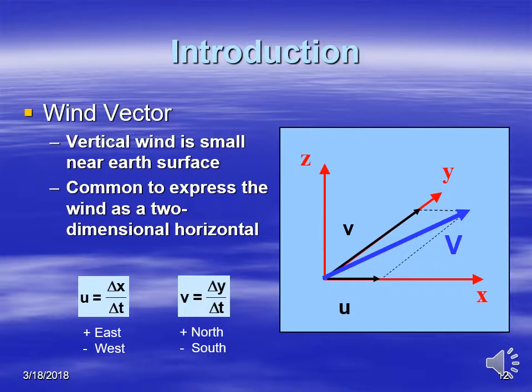The W component can be pretty significant, but most of the time, 99% or maybe 90% of the time, the vertical component is rather small, and we can combine the U and V components to make the wind vector, and we use a big V to indicate the two-dimensional wind component.